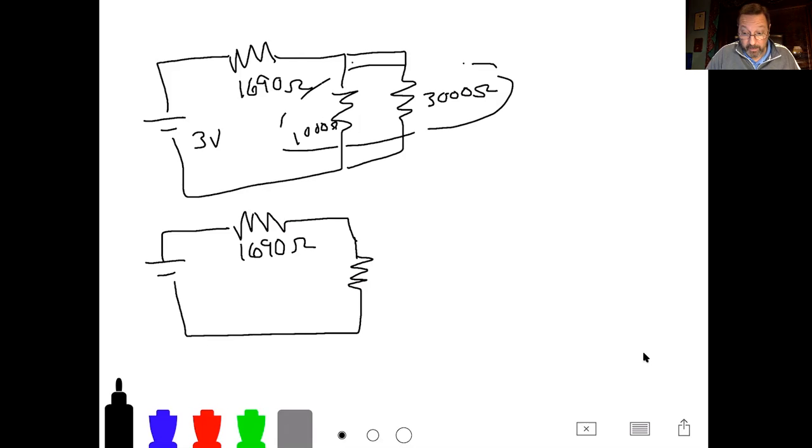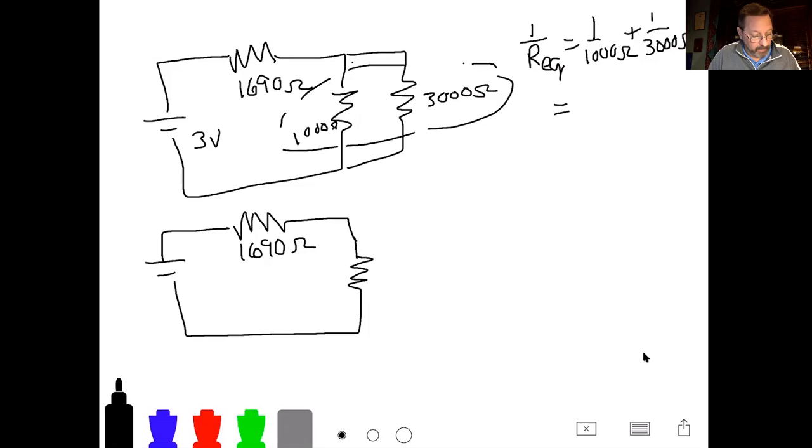Well, it's not a capacitor, it's a resistor. The equivalent here would be 1 over the equivalent resistance equals 1 over 1,000 plus 1 over 3,000. Common denominator there is 3,000.